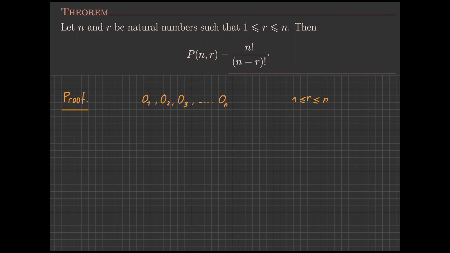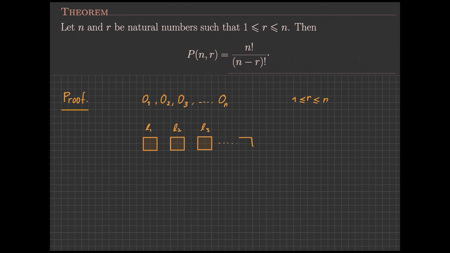So how many locations do I need for one r-permutation? R, yes. So let me write location 1, then location number 2, and then location number 3. I need to fill these up with these objects.